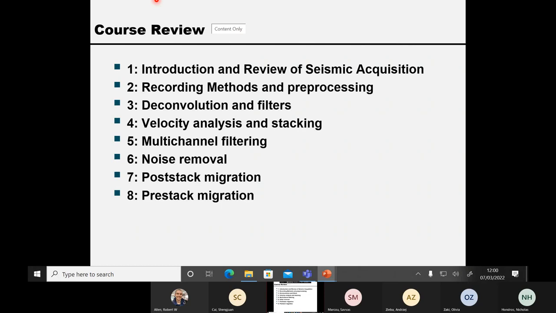We need to talk about noise removal. For noise removal, mainly we introduce a number of mathematical transformations. One is what we call the tau p transform. The tau p transform, in the other field, they call the Radon transform. Radon transform measures the distance and the angle.